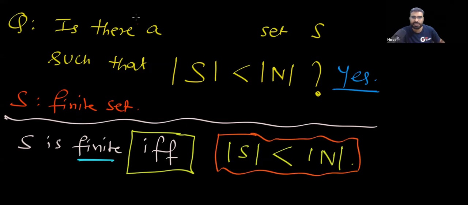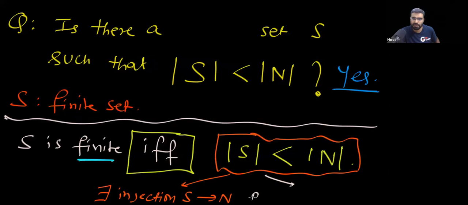This means there exists an injection from S to N, but there is no bijection between S and N. Is this clear? This is what it means, right?